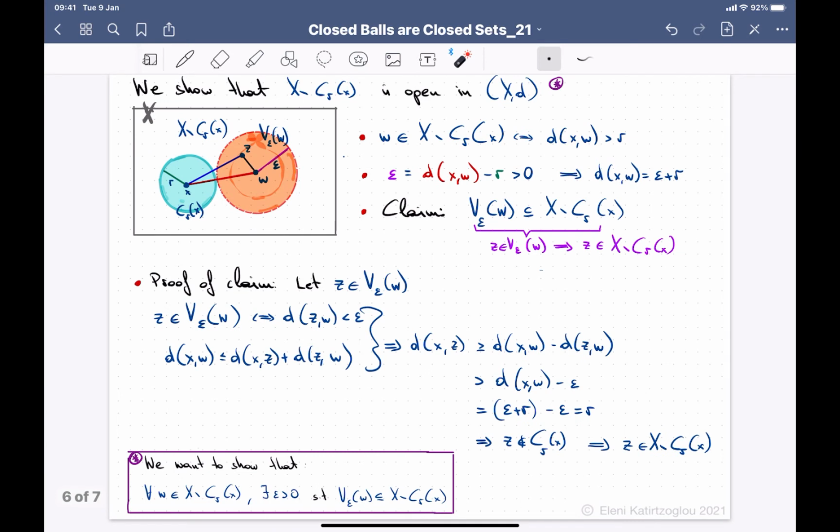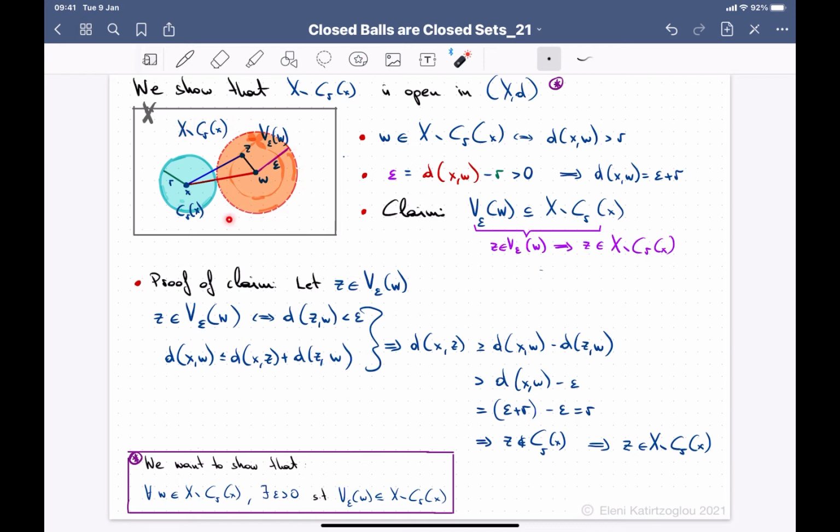And here we start. We want to show now that the complement of the closed ball is an open set. This is what we need to show. I just put here the definition of the open set as a reminder. And so we start with W.